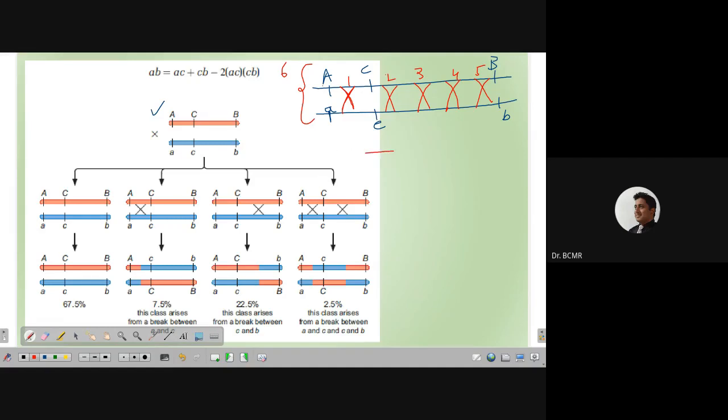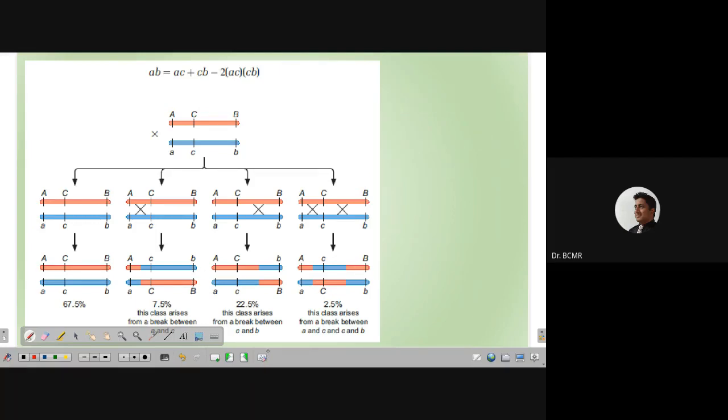What would happen if crossing over happened? Then this will be capital A, this should be capital C, and this should be capital B. Here would be A, small c, and this will be small b, if crossing over happened like this, right?